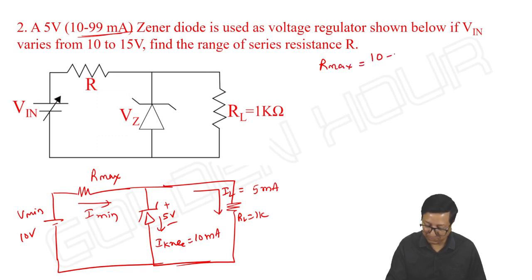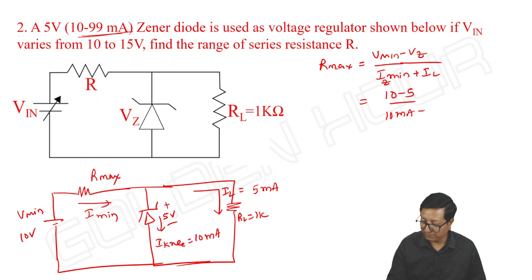It is V input minus Vz by I minimum, V minimum minus Vz by Iz minimum plus IL.